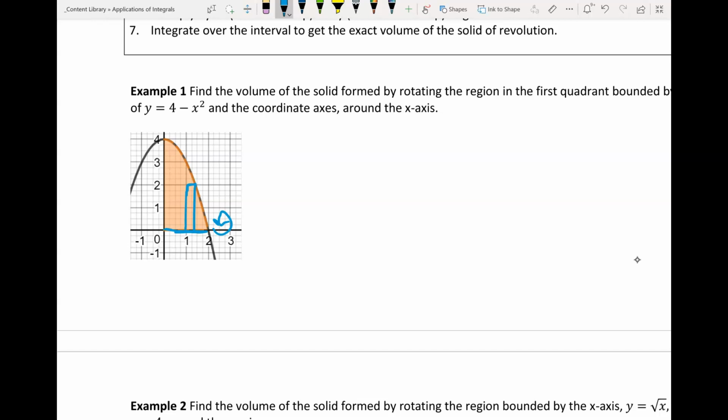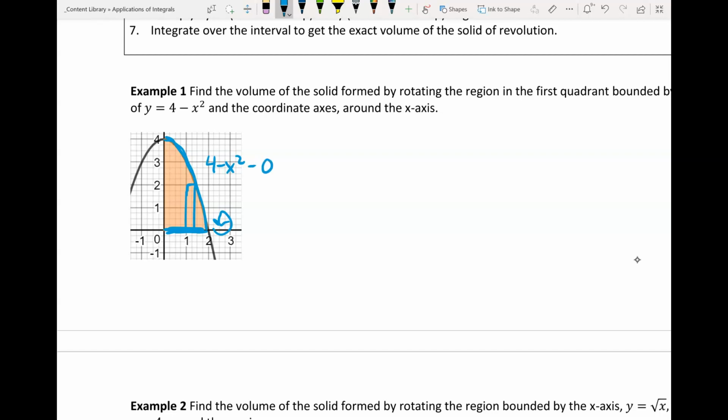Now we want to find an expression for r. Well, we know that the shape here is coming from the equation 4 minus x squared. And the bottom part of our shaded area is just the x-axis, which is y equals 0.